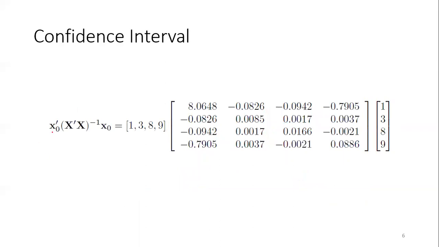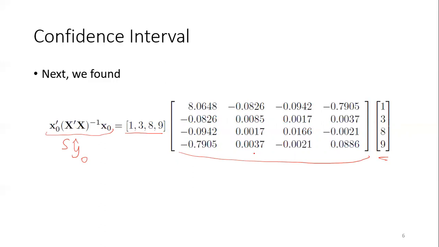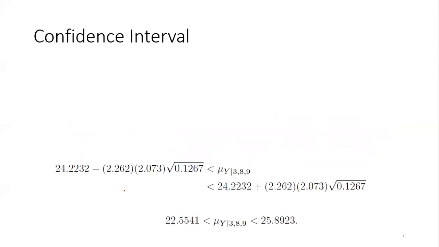Great. So the next step is just try to find this thing, okay, which is, remember, the key thing to find the standard error for the estimate y0 hat, okay, in order to find the s of this. So x0 transpose, which is this one, x0, okay, that's that value, and this is my x transpose x inverse. It's just calculated and given here, and the resulting thing is 0.1267, okay, 0.1267.